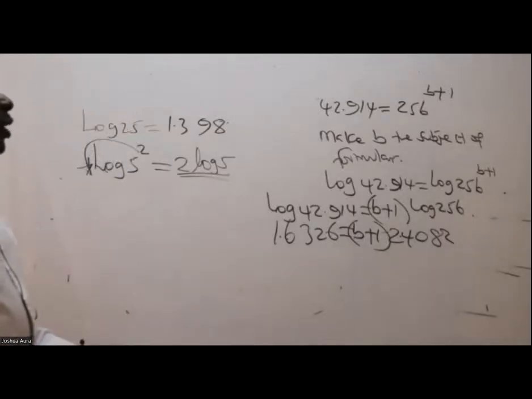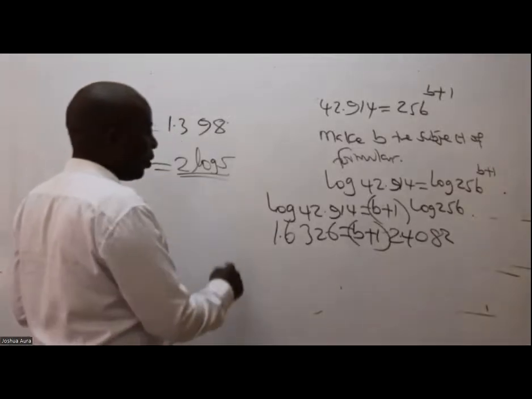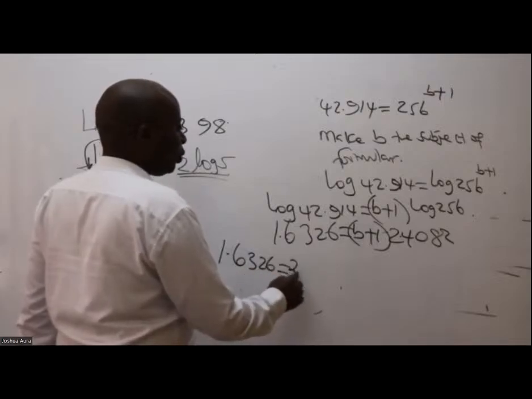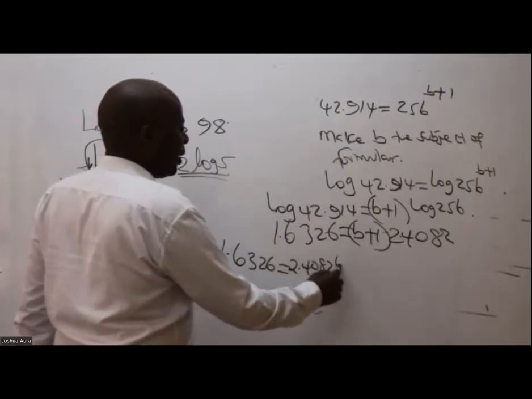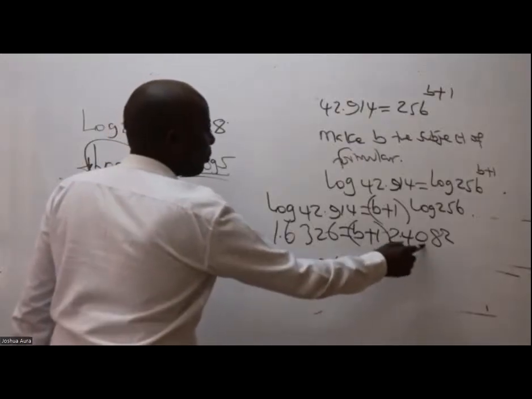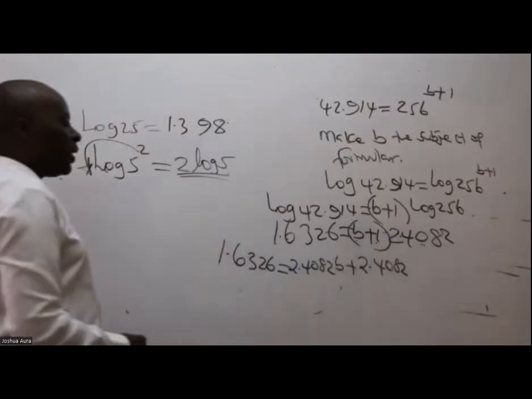Now, I would want you guys to proceed till you give me the value of b. So this will be 1.6326 equals 2.4082b plus 2.4082, like that, when I spread this inside there.